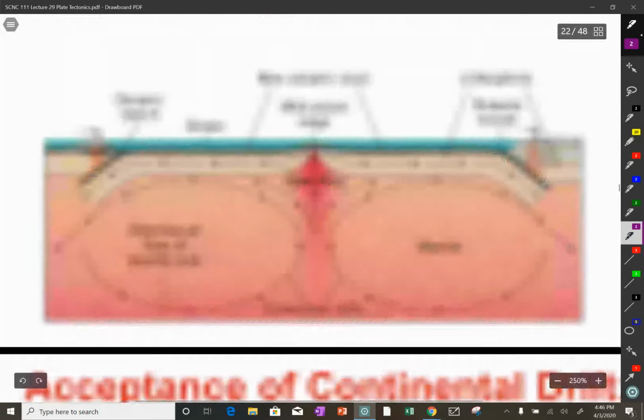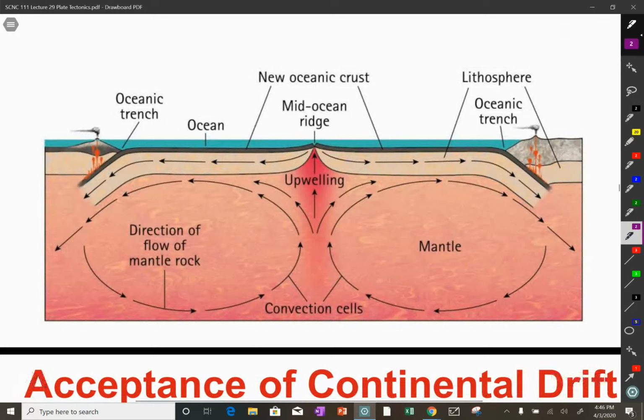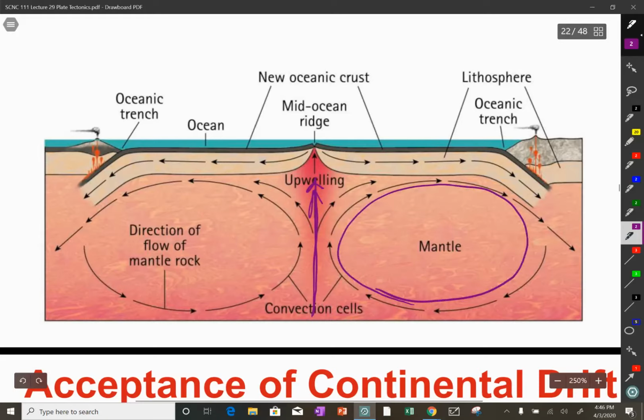This is the current modern understanding. So we have the mantle down here, and in the mantle, you have some regions where you have magma, hot molten material that flows upward. And that hot molten material then drives convection cycles within the mantle. So you have the motion of mantle going around in a circle. Now this hot stuff comes up to the top and it melts a hole through and punches through.